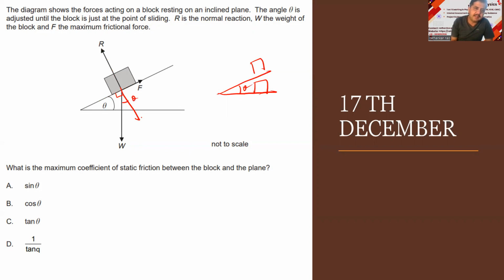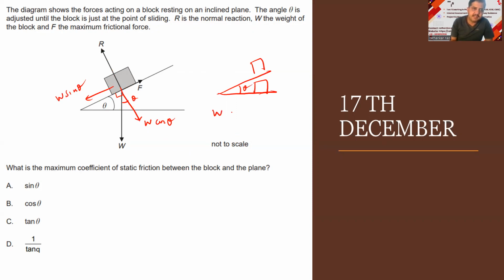If this angle is theta, then this side is W cos theta, and this side is W sin theta. Now we need to write the equations of motion, since it is not sliding.